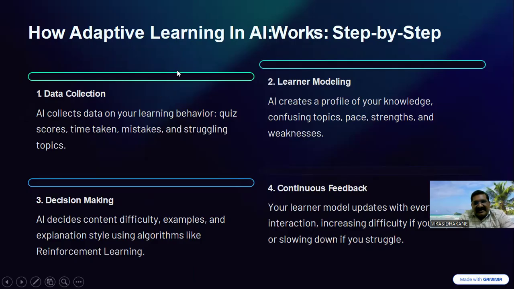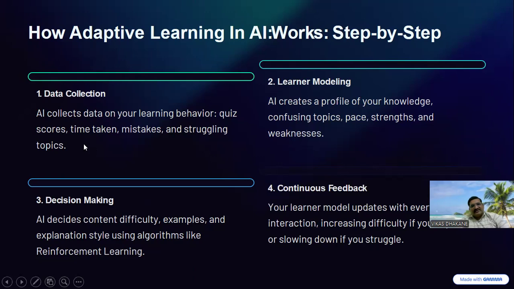As I said, adaptive learning in artificial intelligence is motivated by adaptive learning in the natural student-teacher teaching process. But when an AI system is built for adaptive learning, what kind of steps take place? The steps are like data collection.